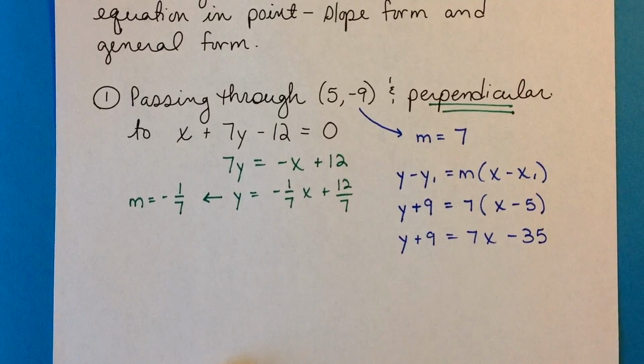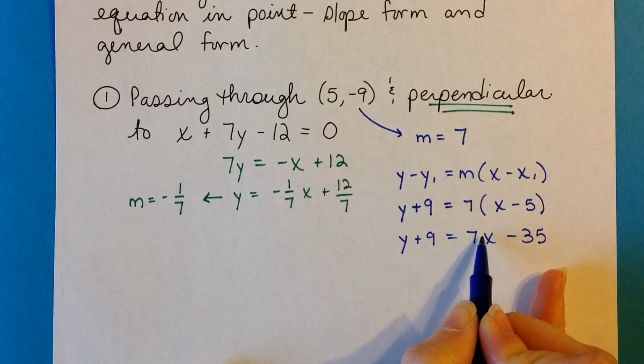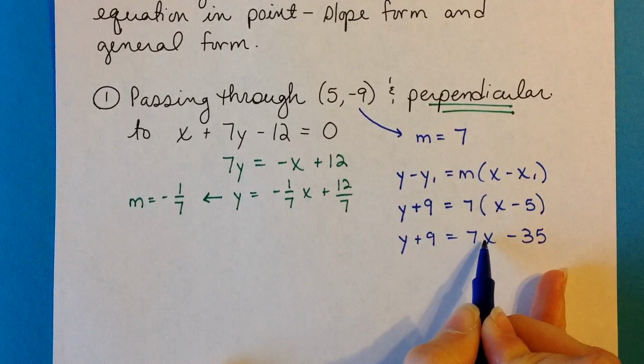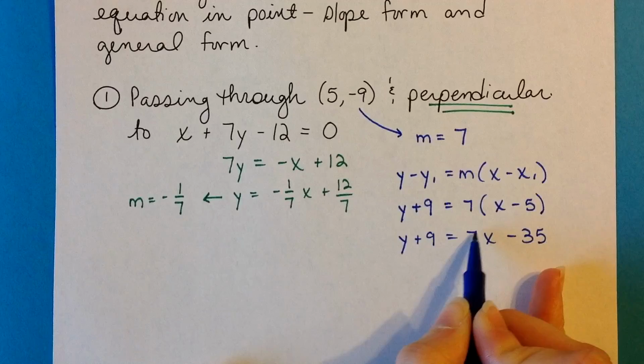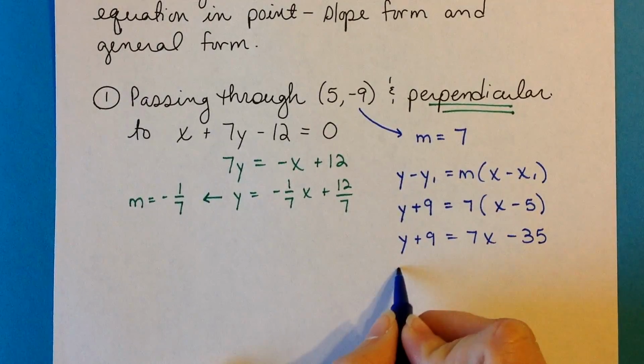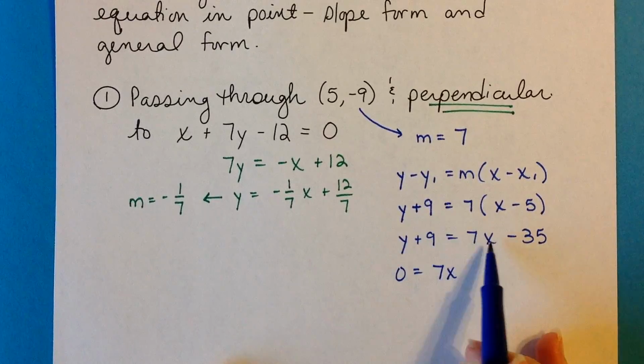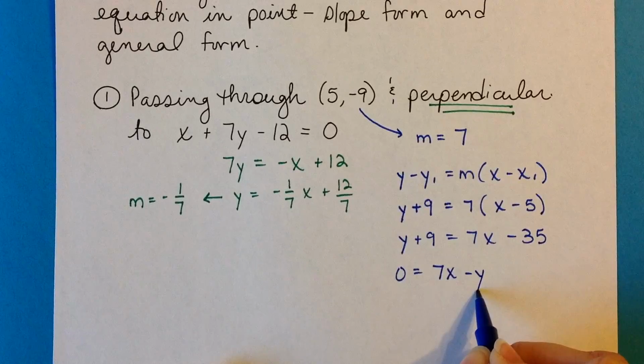Okay, but now your next step is what's going to be different. In order to have the general form, you want everything on one side. But if you remember, the number that's in front of the x, they're going to want you to write it so it's positive. So since this is already positive, I'm going to take these two terms and shift them this way. So I'd have 7x, but now I've got to move over the y, so that means I've got to subtract it.